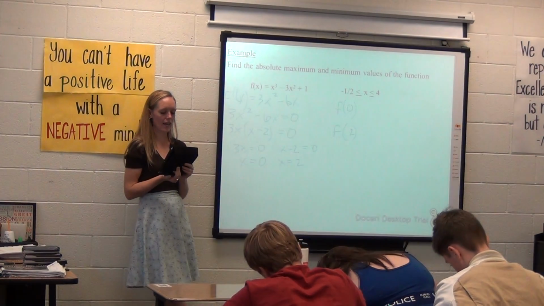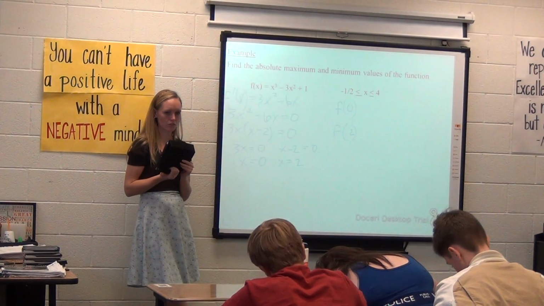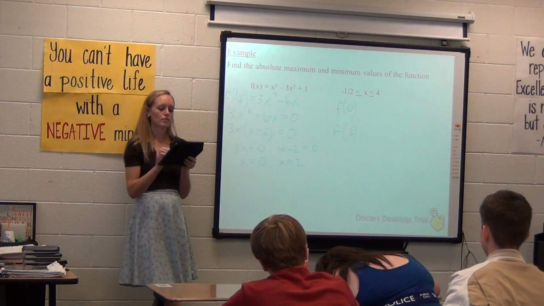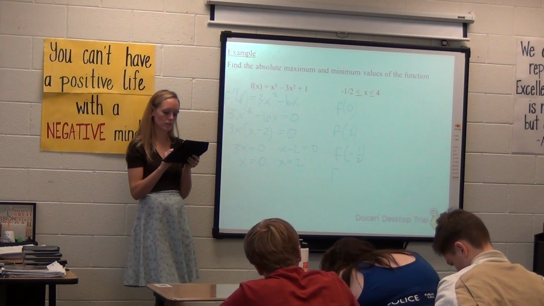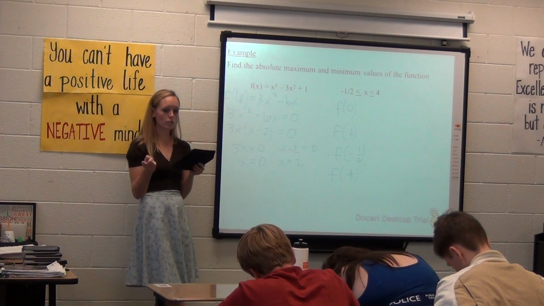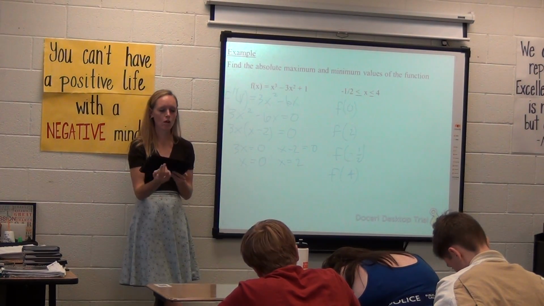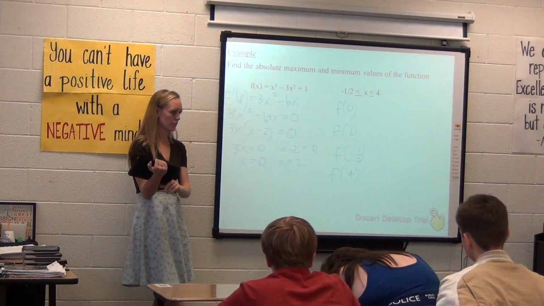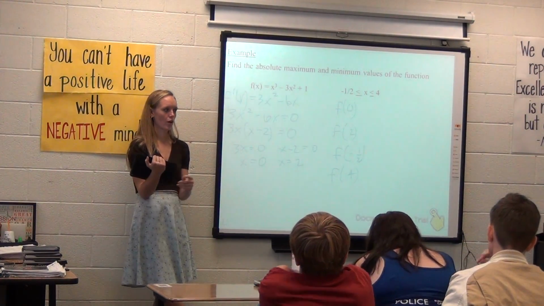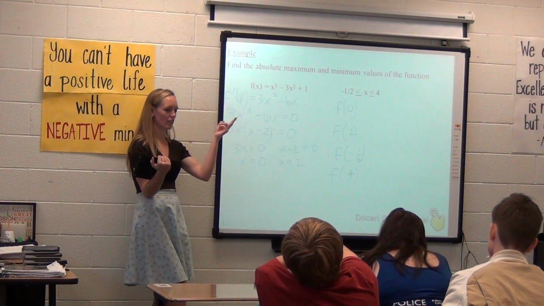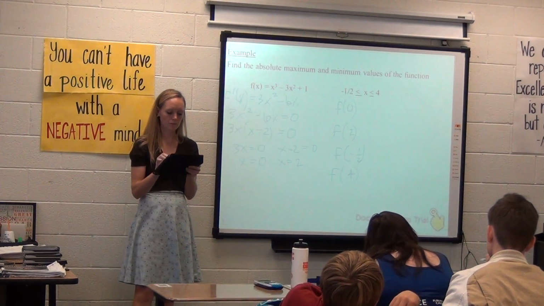If I'm trying to find absolute maximum and minimum values, we also have to test the endpoints of the interval. So you're testing critical numbers and you're testing endpoints. What are we looking for when we test all of these points? The highest and the lowest. We're looking for the highest answer and the lowest answer.